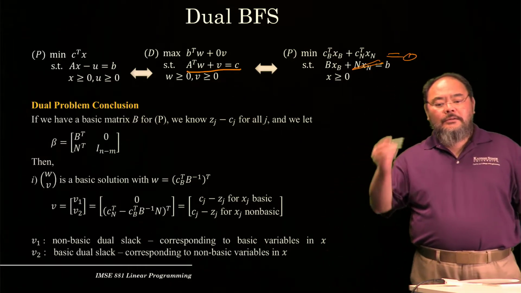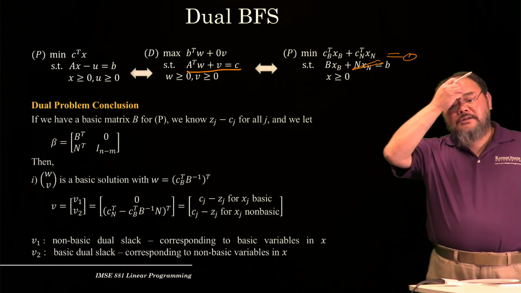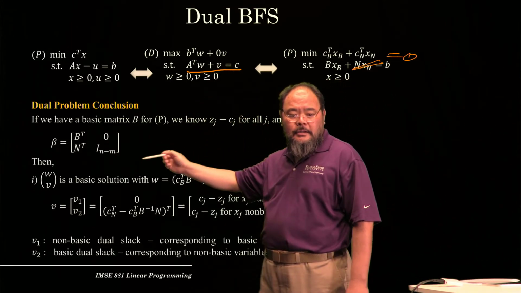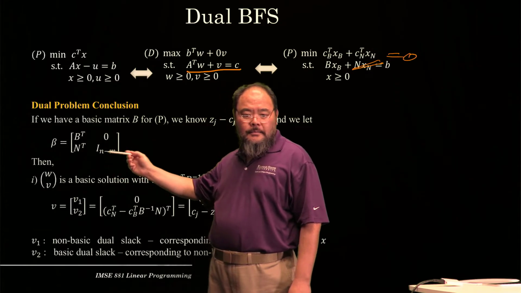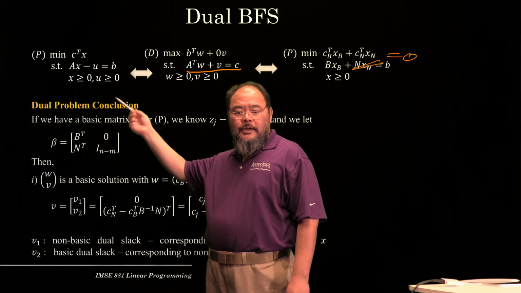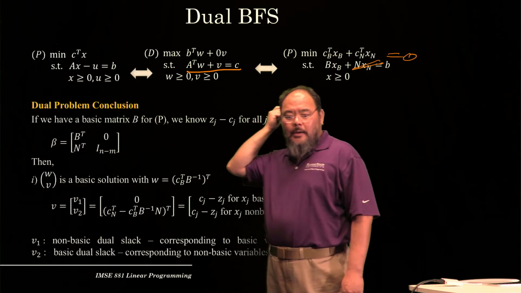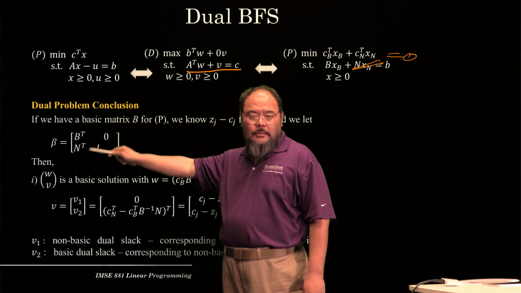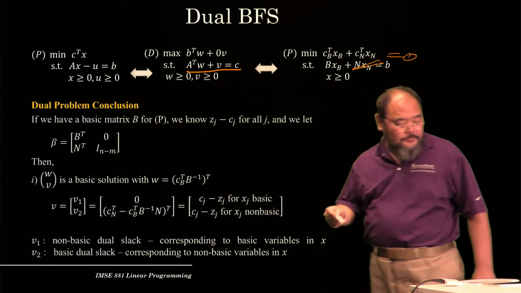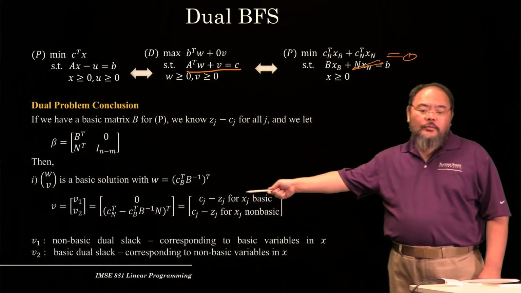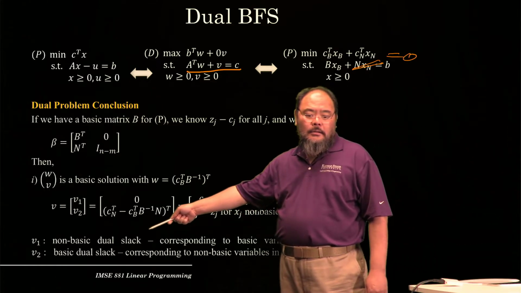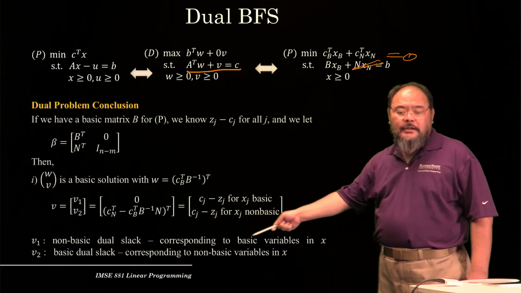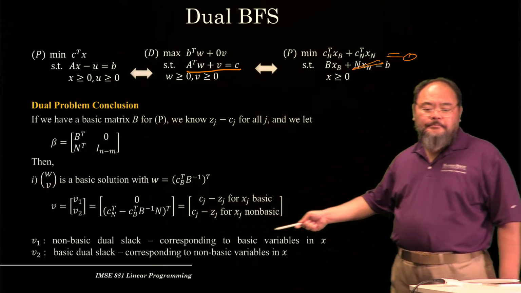Okay? So we can generalize this solution. I just want you to see, from the dual problem perspective, the matrix looks like that. Because the B matrix and N matrix in the primal problem got transposed into the columns. Okay? And V1 we call the non-basic dual slack variable corresponding to the basic variable in the primal.